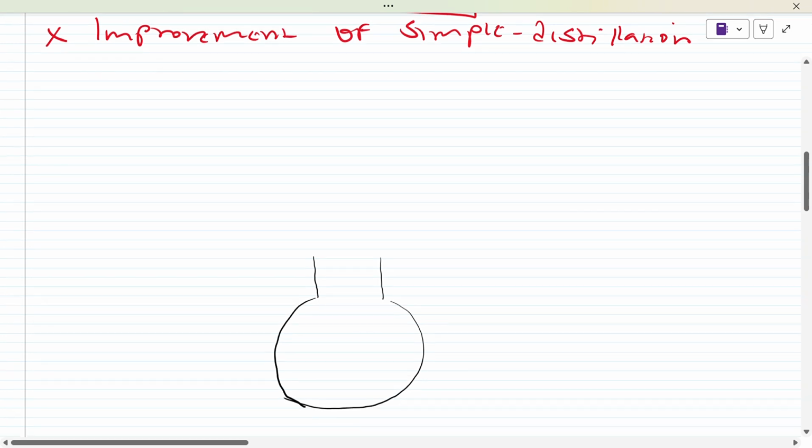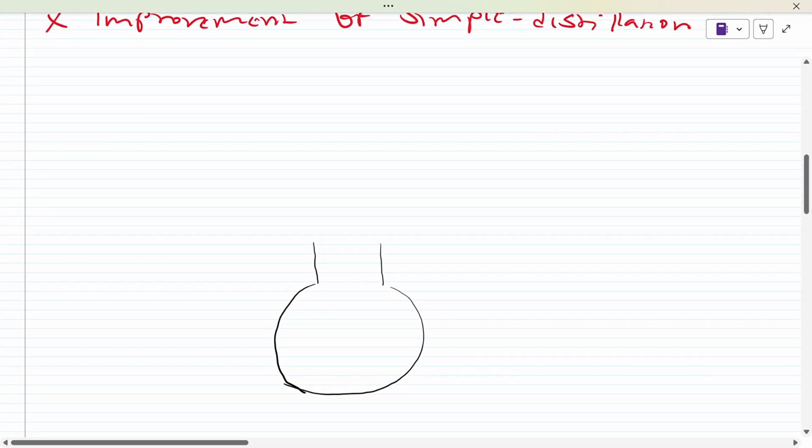I'm going to start with the flask like that. And this flask must have two systems. On one part, it must have a thermometer.